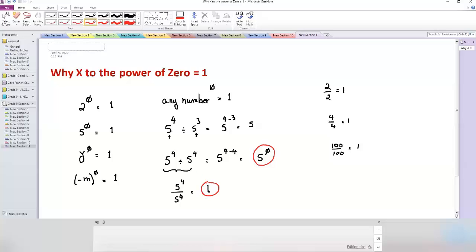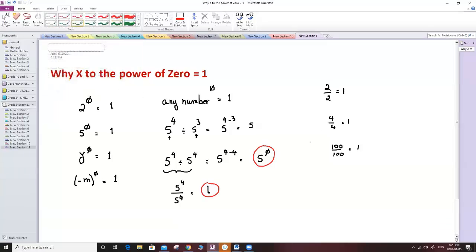And this is a very small demonstration of why, even if I have a variable, it's going to give me 1. If I want to show it with a variable, I think this way. If I have x exponent 6 divided by x exponent 6, since I have the same base, I can subtract the exponents: 6 minus 6.